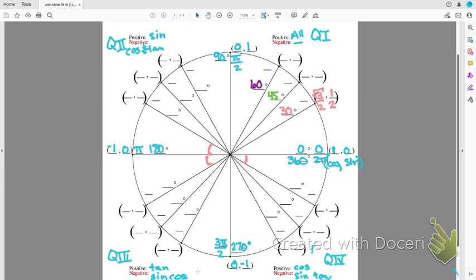So what that does for us is amazing things, guys. No matter what the angle is, as long as it's 30 degrees away from the x-axis, guess what the x is and guess what the y is? This point. It is the square root of 3 over 2 and 1/2. The square root of 3 over 2 and 1/2.